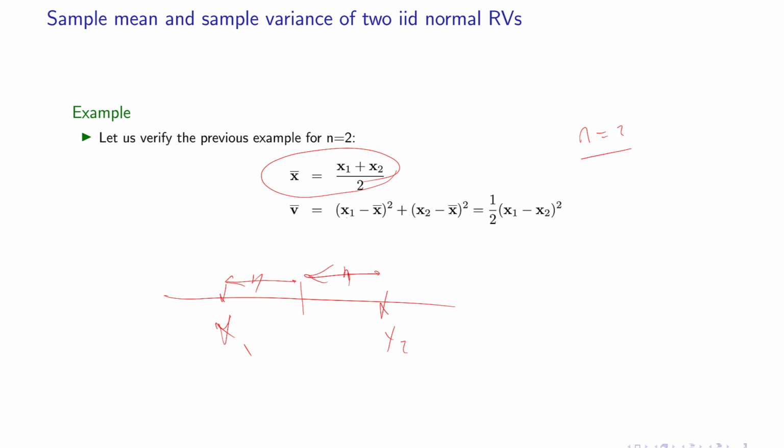If you look at it, this distance and this distance are equal. So if I divide by 2, I get wrong results. If I divide by 1, I get this one. Because this is equal to x1 minus x2 divided by 2, to the power of 2, plus x1 minus x2 divided by 2, to the power of 2.